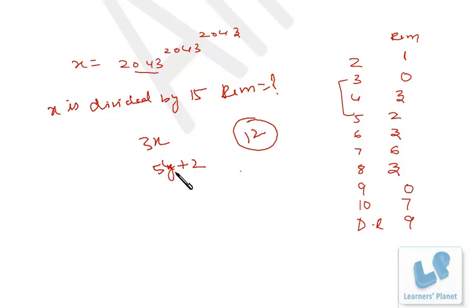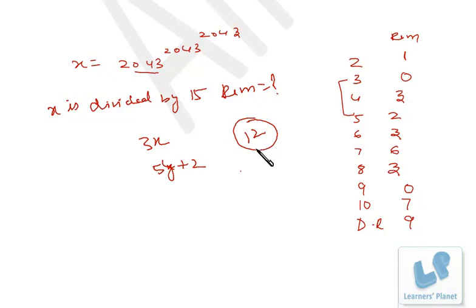I started putting the value of y as 1, 2, 3, 4, and we just have to see which number is a multiple of 3. Now if I put y as 1, I'll get 7, so that's not a multiple of 3. If I put y as 2, I'll get 12, that is a multiple of 3, and it is in 5y plus 2 format. That means if I divide it by 15, the remainder will be 12, right?